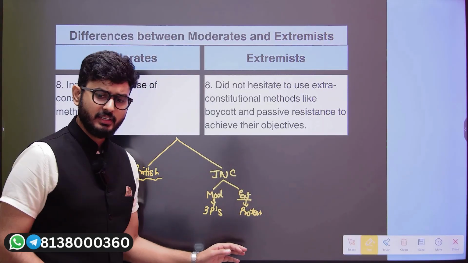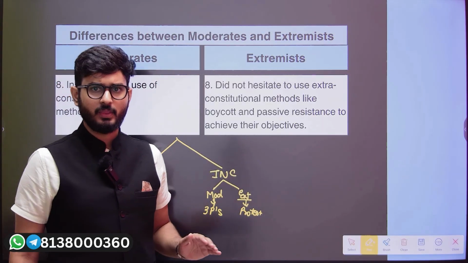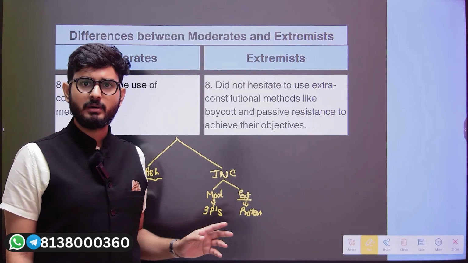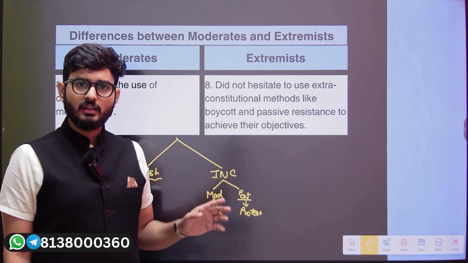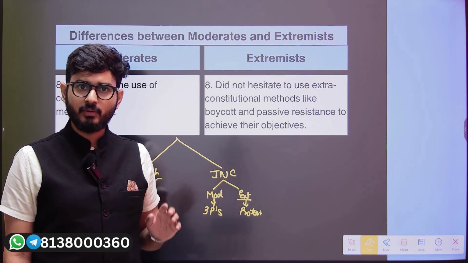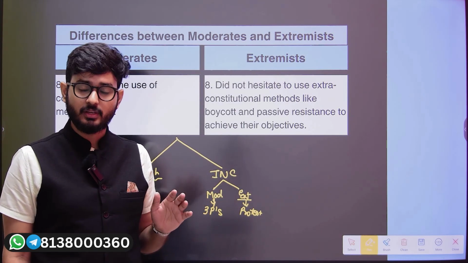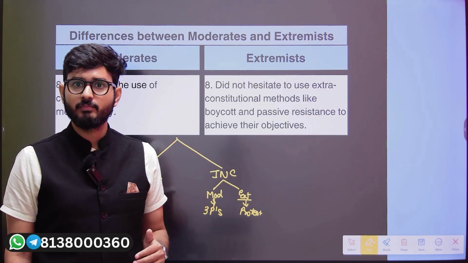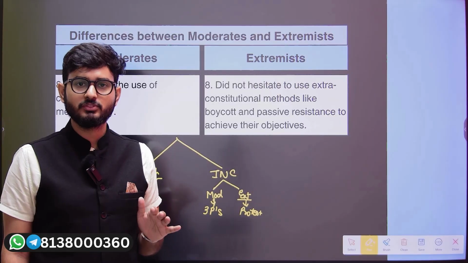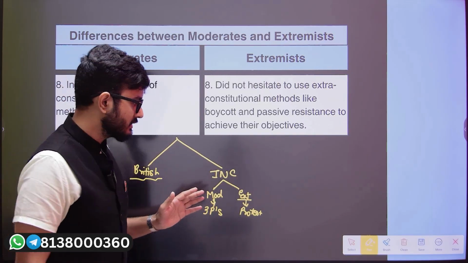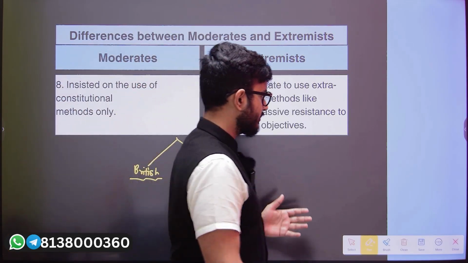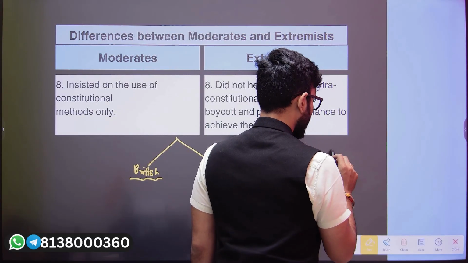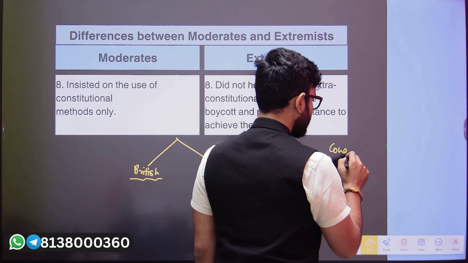Now, just take the example of today's time. The parliamentarians, that means the politicians who sit in the parliament, are they going to do protest frequently? No, they are not going to do protest frequently. But let us say that in today's time, the Congress party is in opposition.